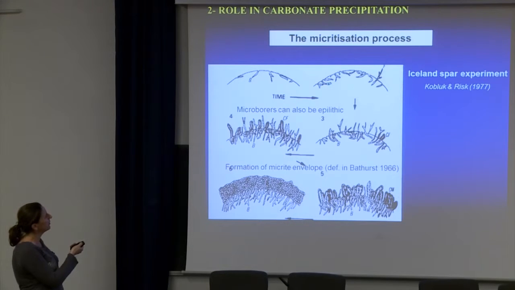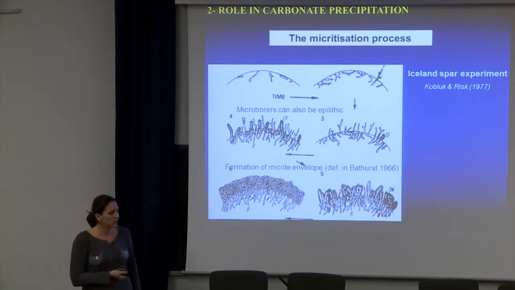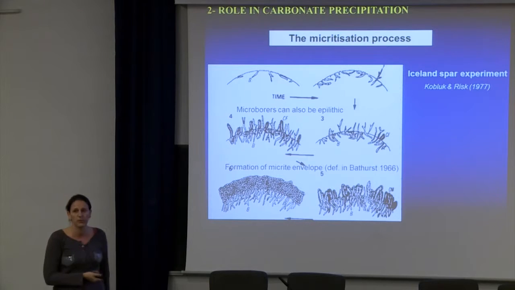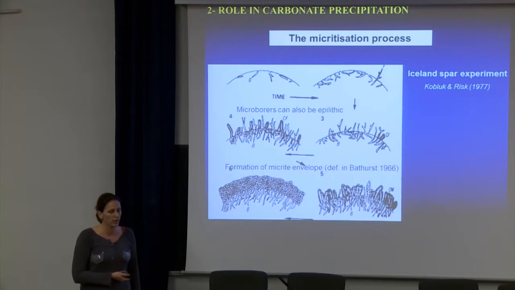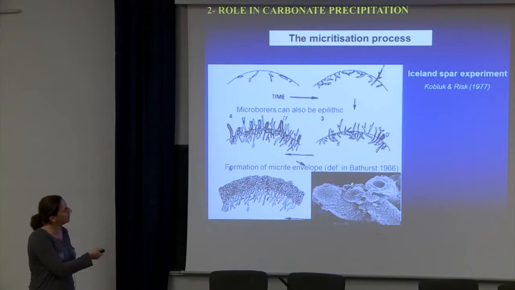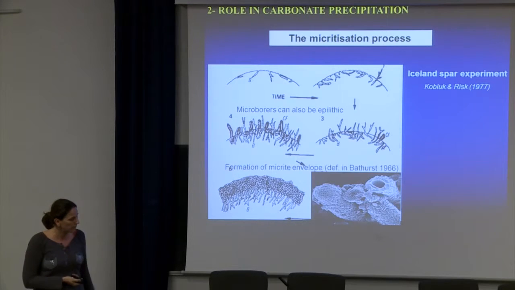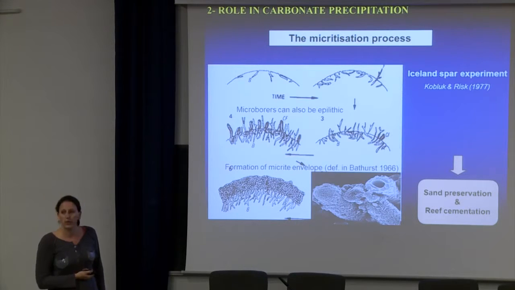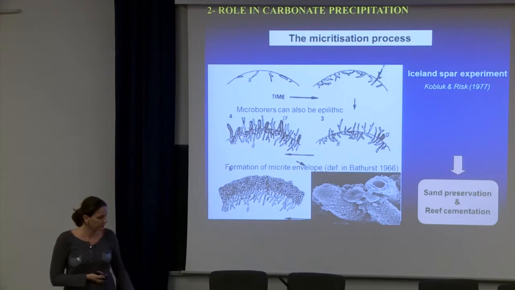Those endoliths were entering into the Iceland spar crystals, and they were euendolithic, but also partly epilithic, sticking out of the substrate. Because of their metabolic activity, photosynthesis, they were creating conditions at the surface of the substrate which would allow the precipitation of calcium carbonate and form micrite envelopes. Here is a picture showing how the precipitation can occur around a filament. These authors suggested that this process was involved in sand preservation and reef cementation.